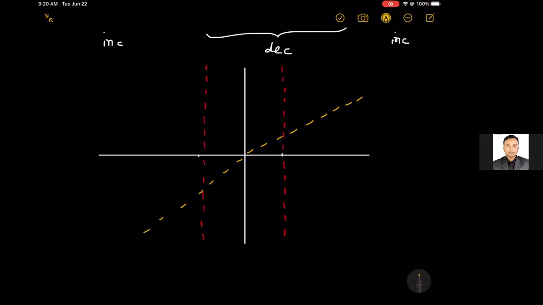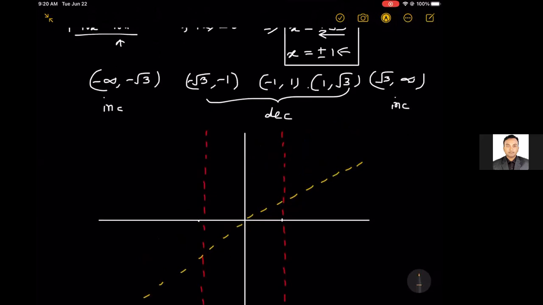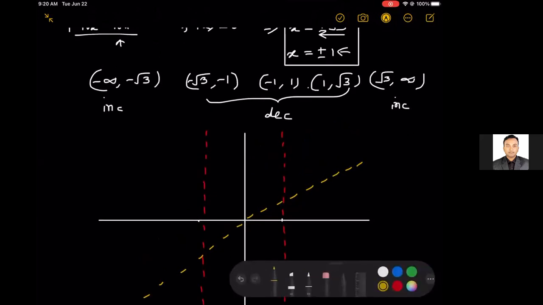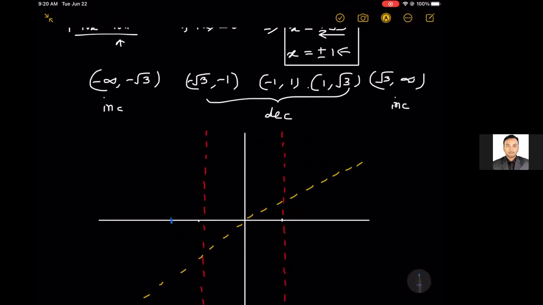Now, let's find out square root of 3. Let's say that's my negative square root of 3, and that's my positive square root of 3. And I know that until negative square root of 3, my graph is increasing.